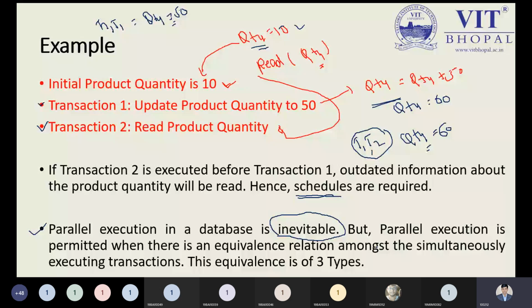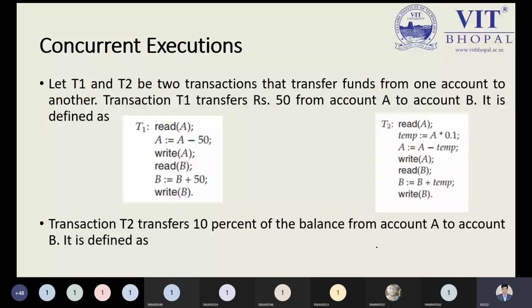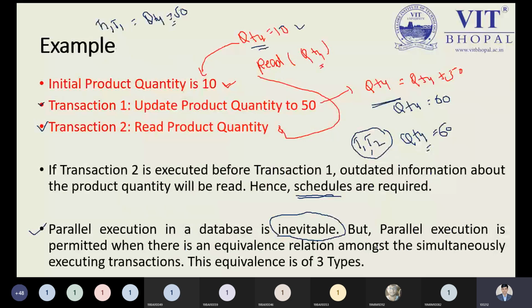More detail about the other things I will tell you with this example, concurrent execution. By concurrent execution you will see what is meant by parallel execution. So parallel execution is not possible, but it can be done by some equivalence properties, and that is counted into concurrent executions. Before I tell you more detail about concurrent execution, I will tell you what the equivalence property is.